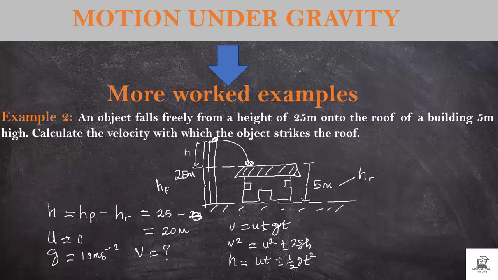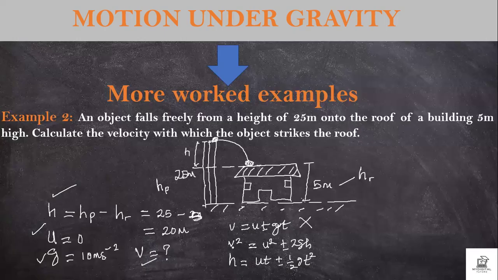In our question, we have h, we have u, we have g, we have v. In the first equation we have v, u, g, t, but in our question we don't have time. So this one cannot go.